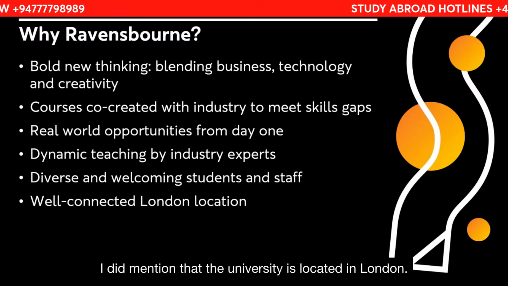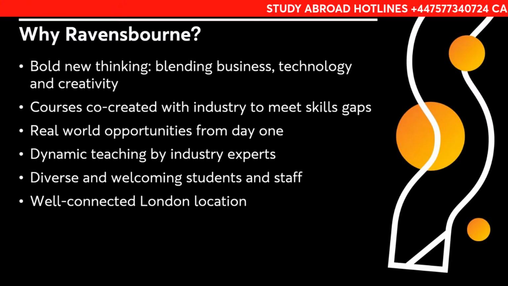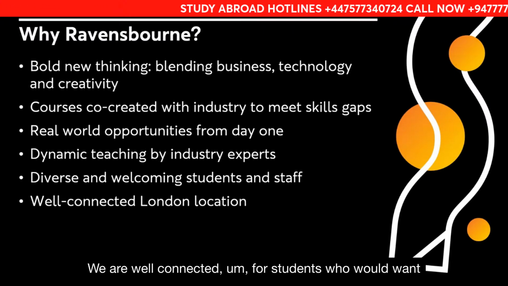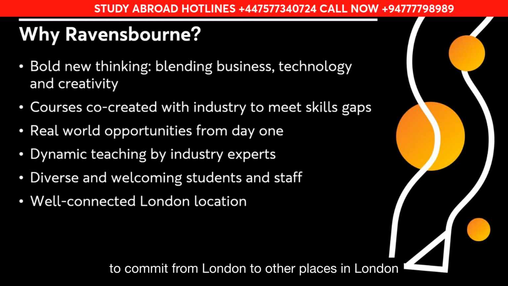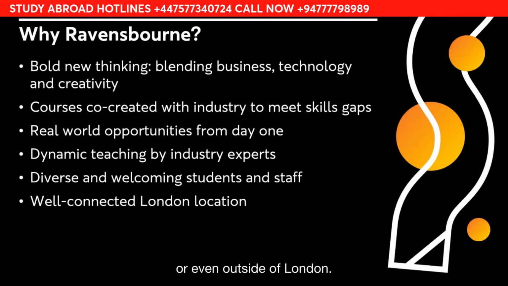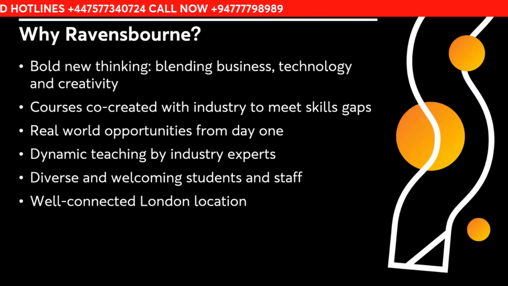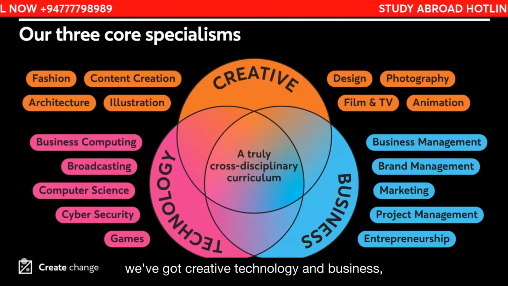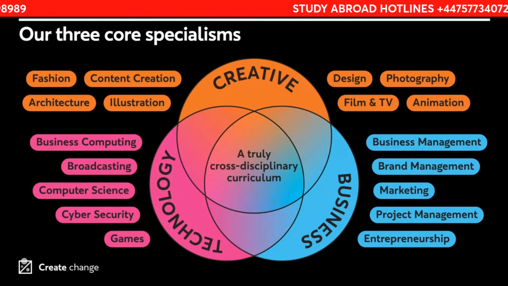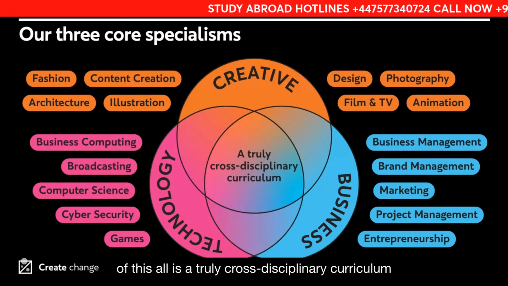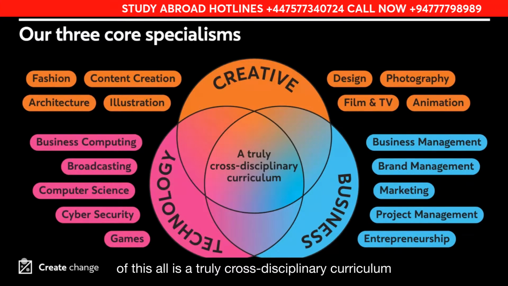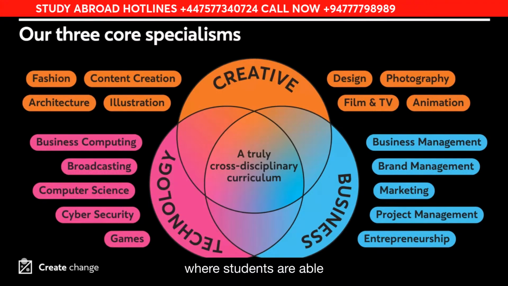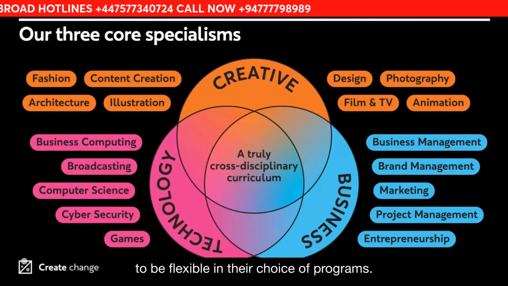I did mention that the university is located in London. We are well connected for students who would want to commute from London to other places in London or even outside of London. Now, looking at our core specialism, we've got creative, technology, and business. But at the center of this all is a truly cross-disciplinary curriculum where students are able to be flexible in their choice of programs.